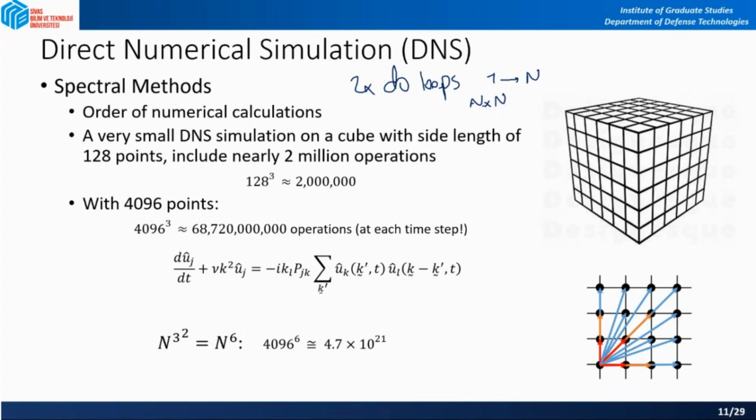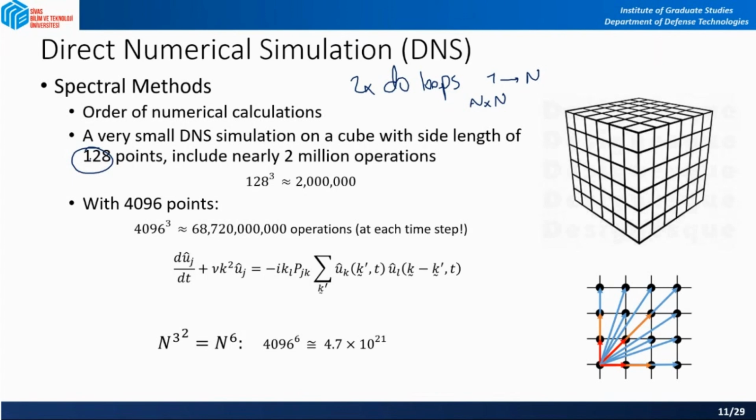And this will be very huge because n corresponds to your physical domain. For example, if you have a very small DNS simulation on a cube which has a side length of only 128 points, and these points, of course, should be very close to each other. Your grid has to be fine enough to resolve the smallest scales.